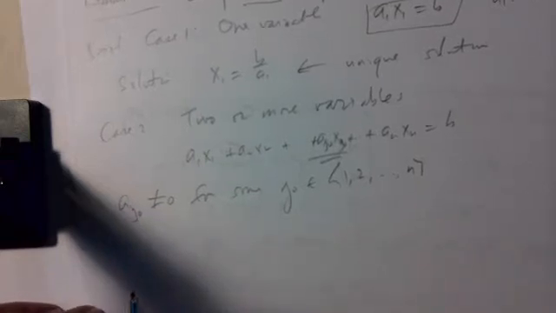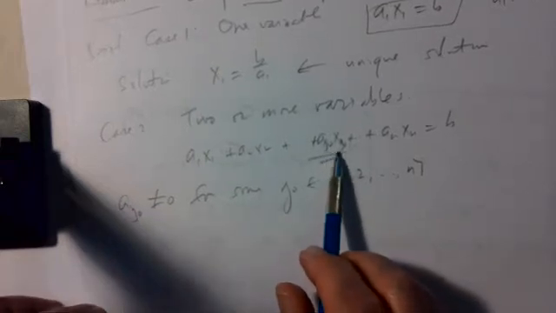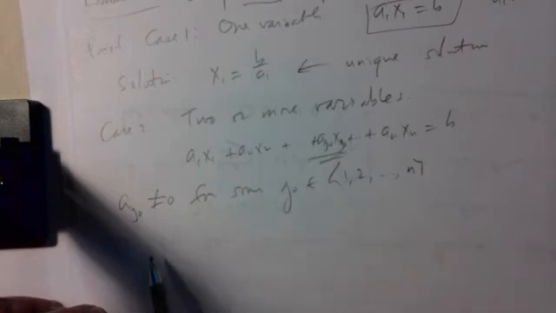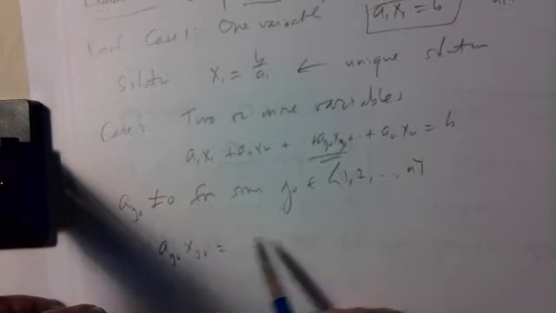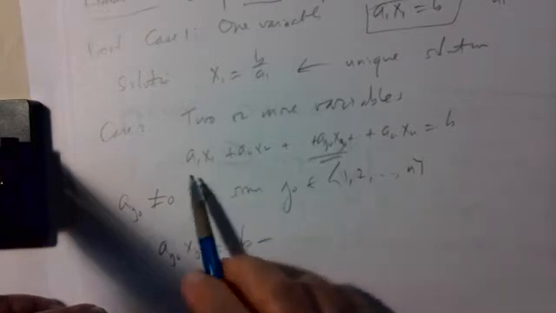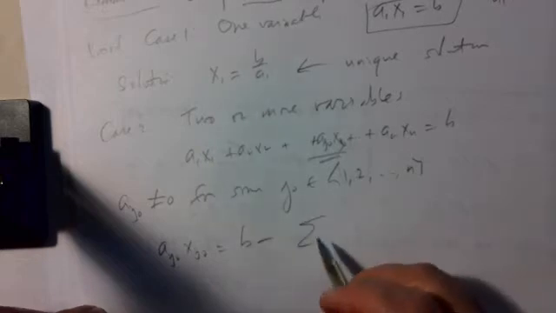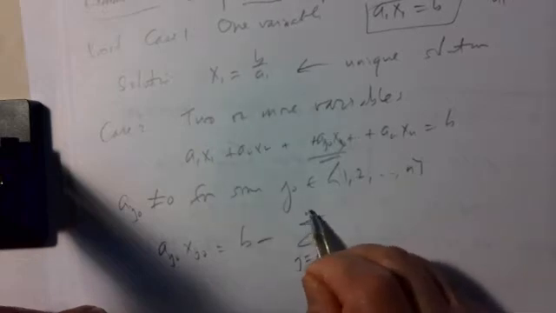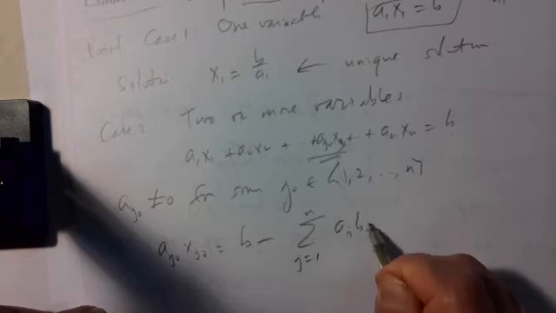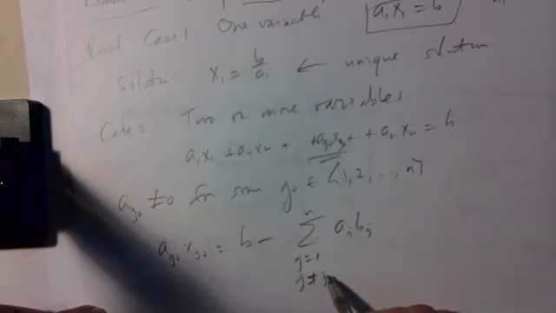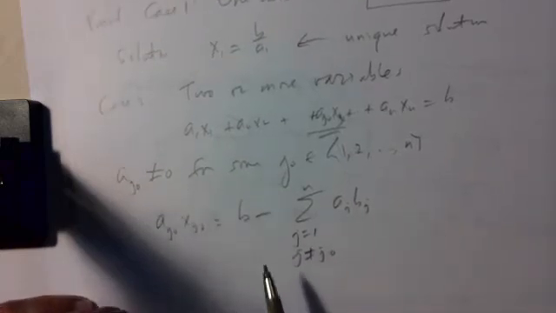And now you can do the following thing. You can solve this equation for j naught. So you have a sub j naught x of j naught is equal to b minus the sum of all the other terms. All the terms from j going from 1 up to n, a sub j, x sub j, except j naught.